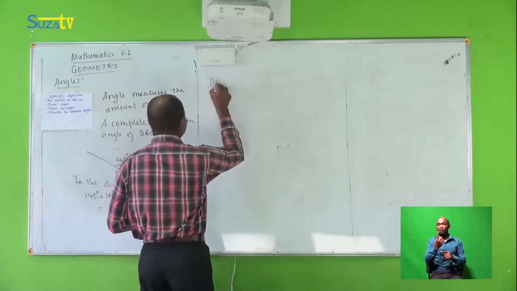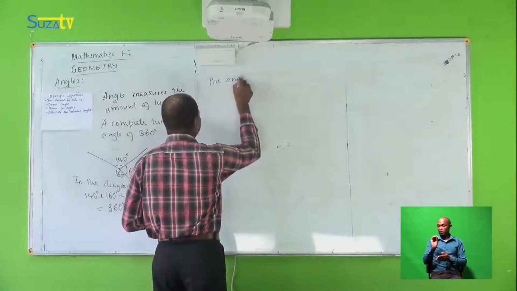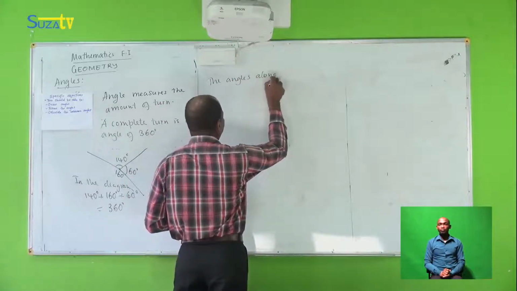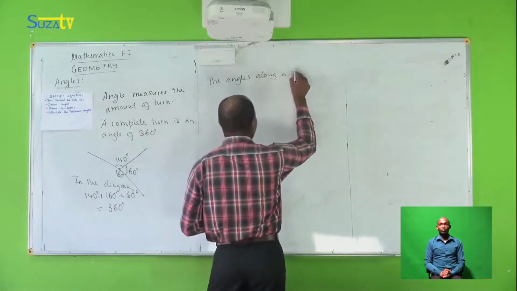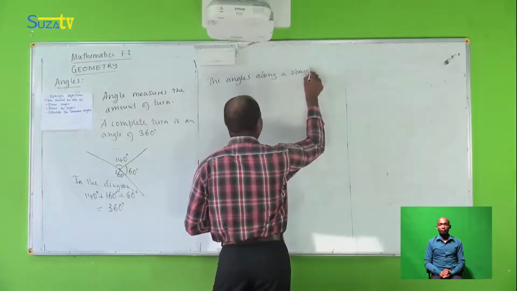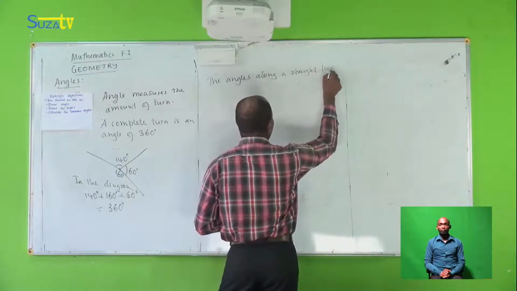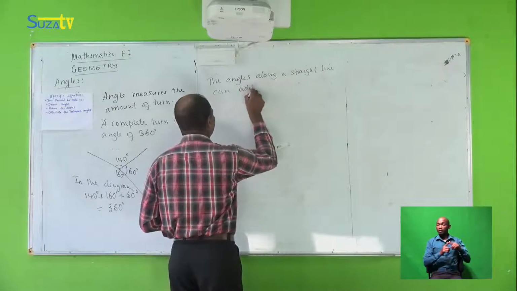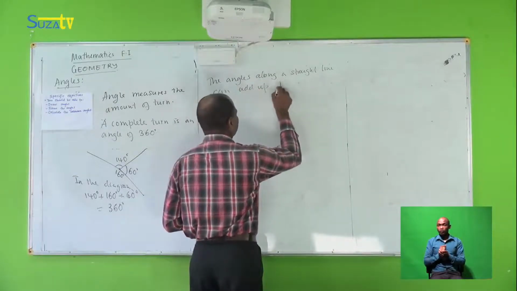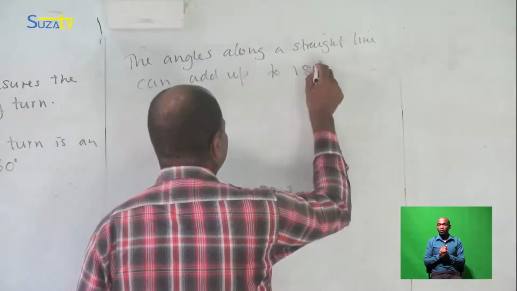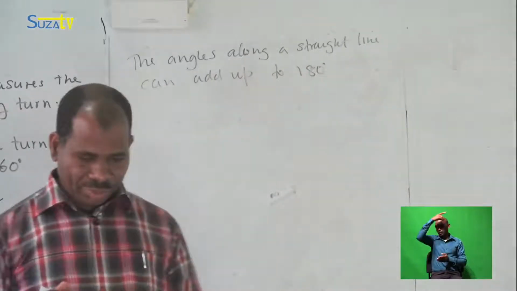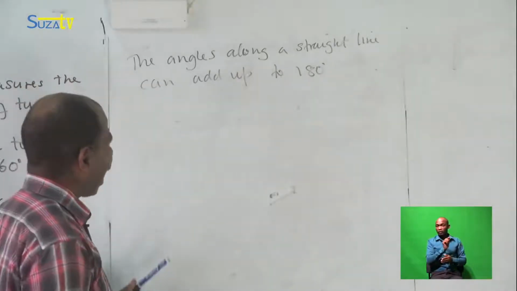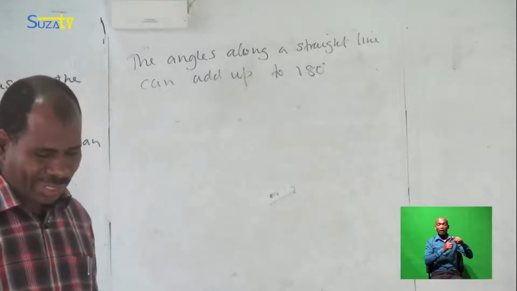The angles along a straight line can add up to 180 degrees.